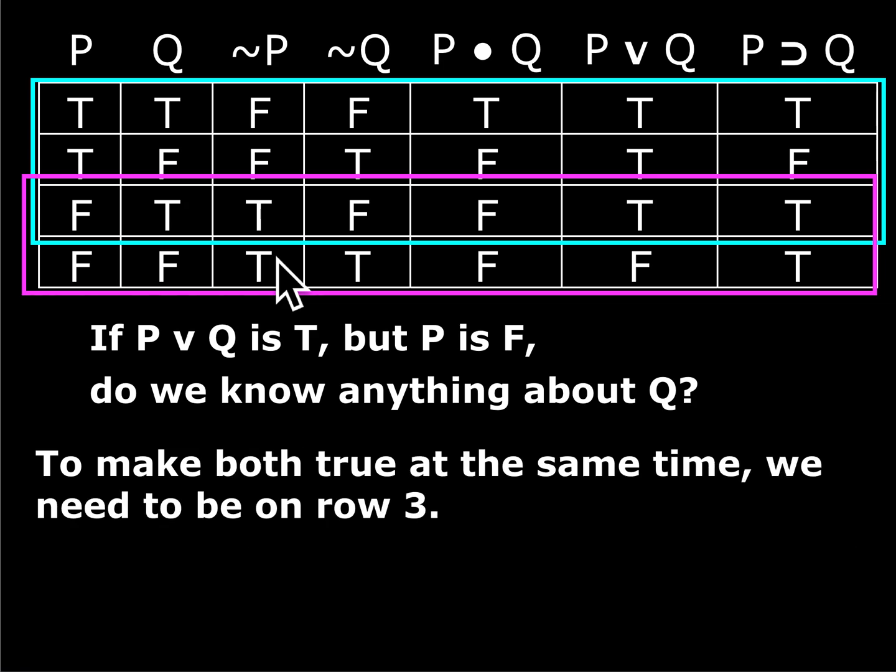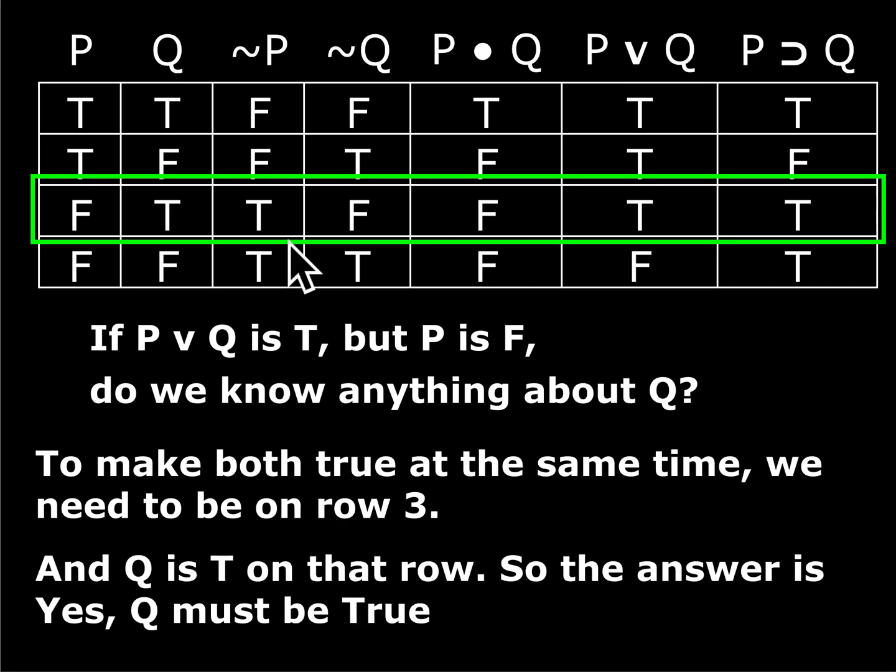To make both of these conditions true, we're restricted to row 3. So row 3 is the row where both conditions, P or Q is true and P is false, are true. So I'm going to put a green box around row 3 because this is where all of the conditions we've set up are correct.